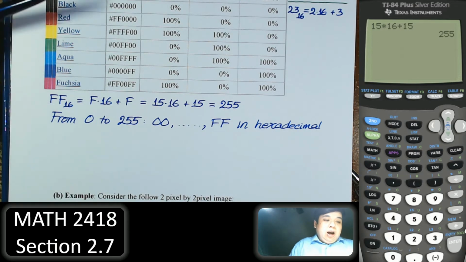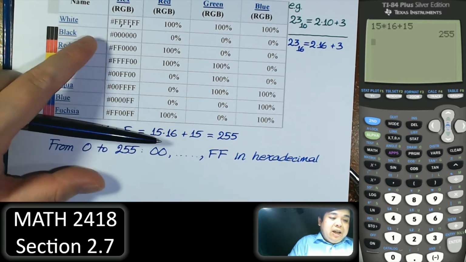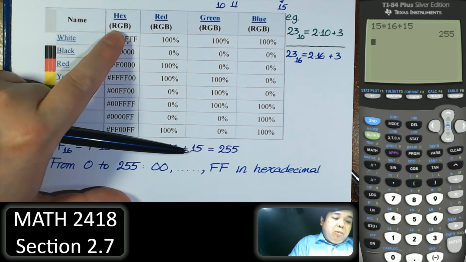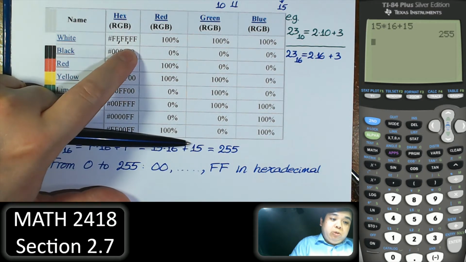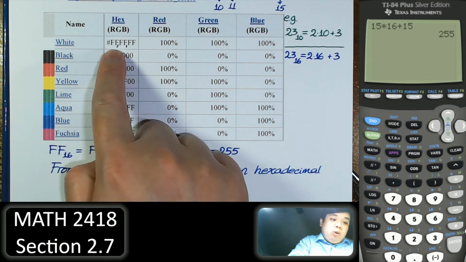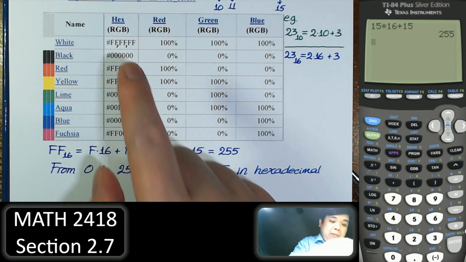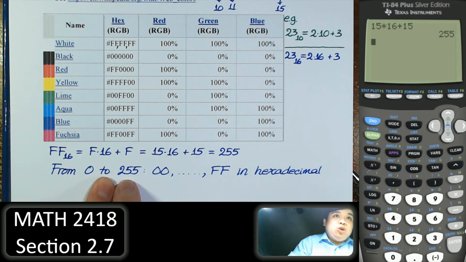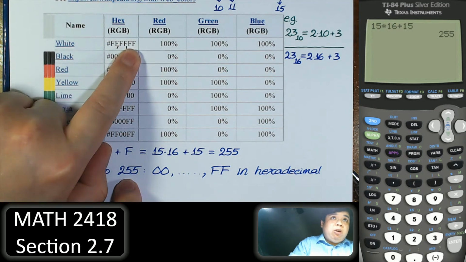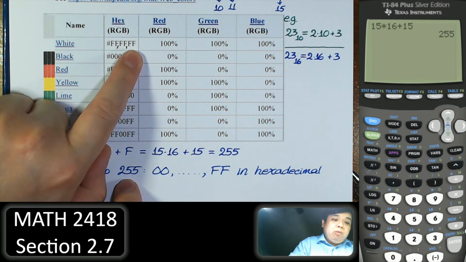Anyway, for red, in this case white, we have FF, green also FF, and blue is FF, meaning that we have 255. White is maximum intensity: 255 is the maximum light for red, maximum light for green, and maximum light for blue.